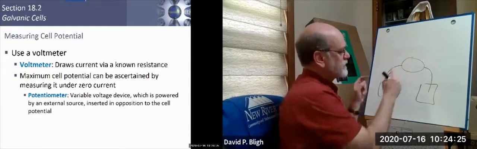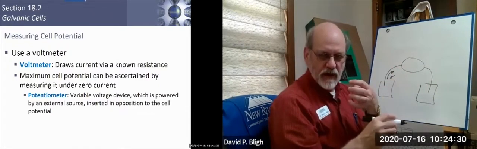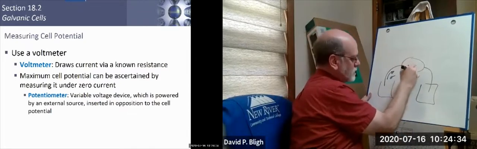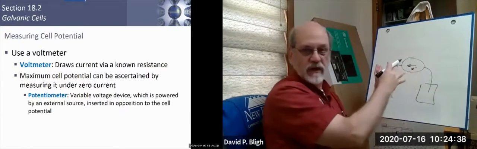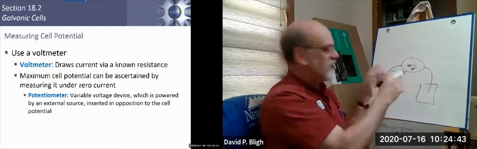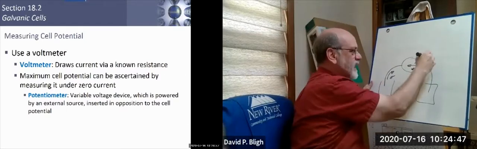And what it does is it has built into its circuits a way to oppose the force. So it sends electrons back this way until there's no current, nothing's moving. Then it takes whatever was required to do that and spits that out as a voltage.